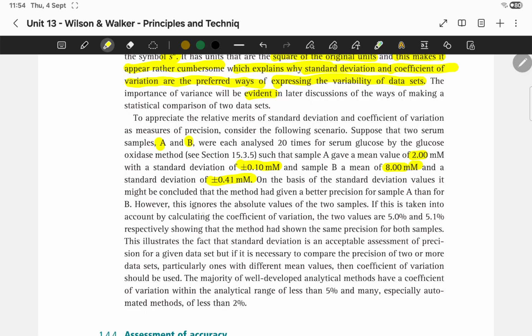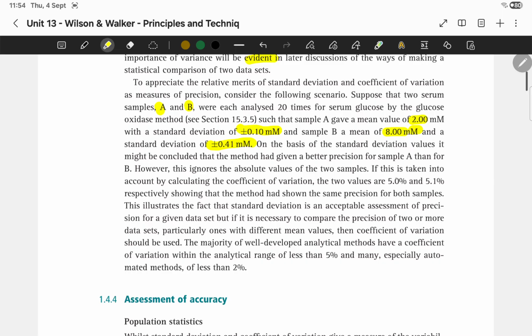However, this ignores the absolute values of the two samples. If this is taken into account by calculating the coefficient of variance, the two values are 5% and 5.1% respectively, showing that the method has shown the same precision for both samples.